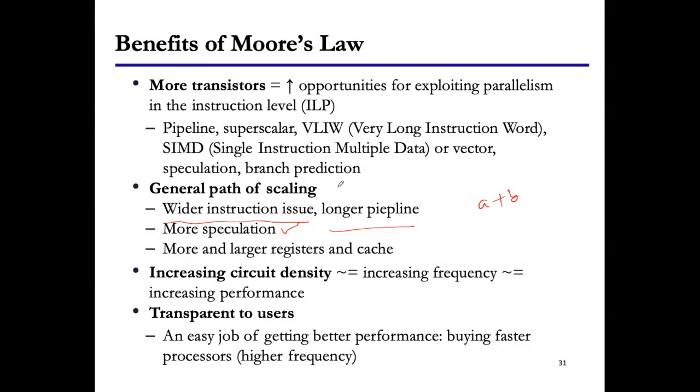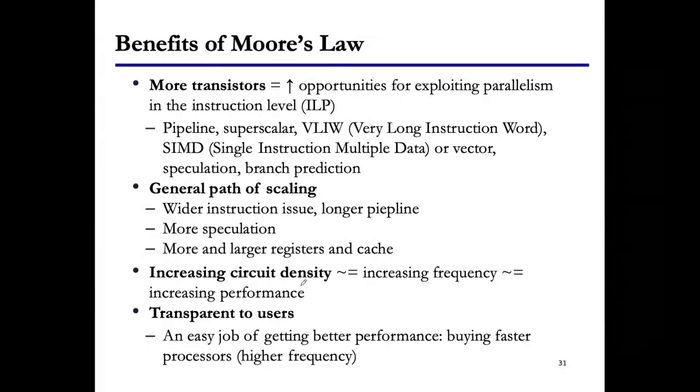If you increase the number of paths, or are able to supply data to various pipelines, then it is possible to execute them in parallel. So more speculation is possible, and larger registers and caches are possible by increasing the number of transistors.